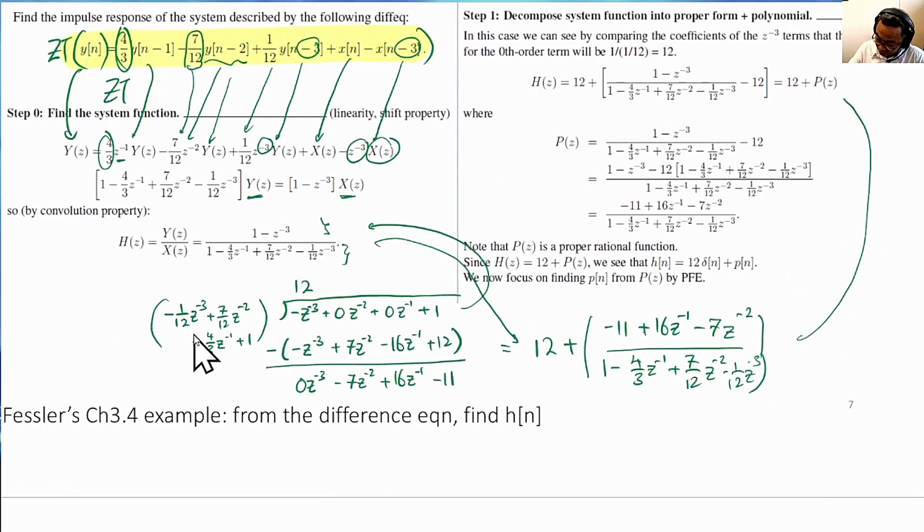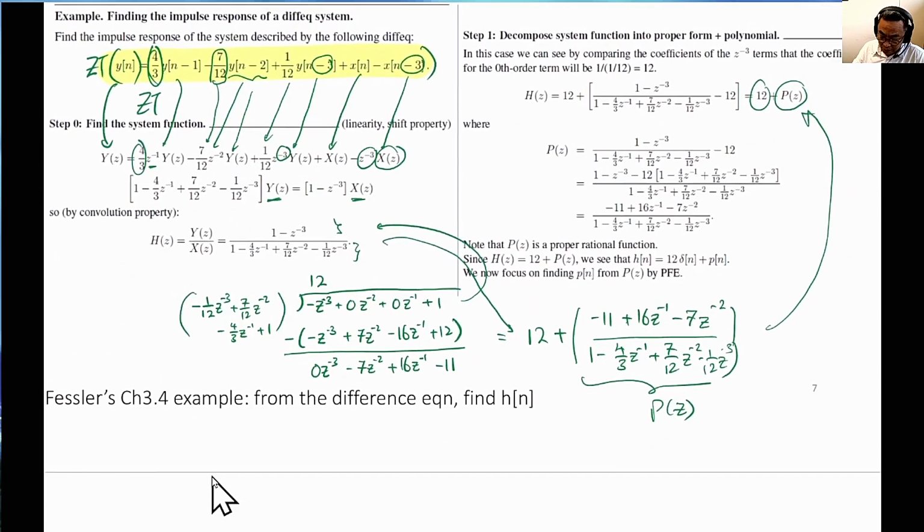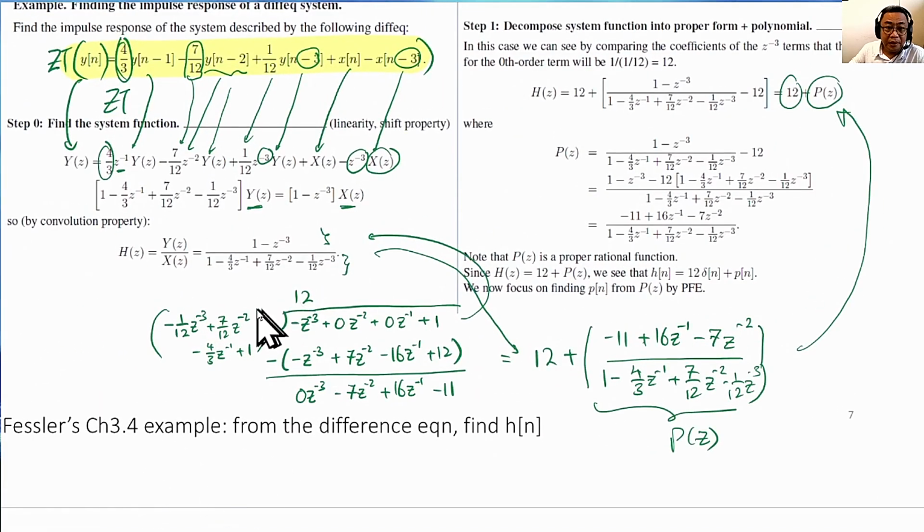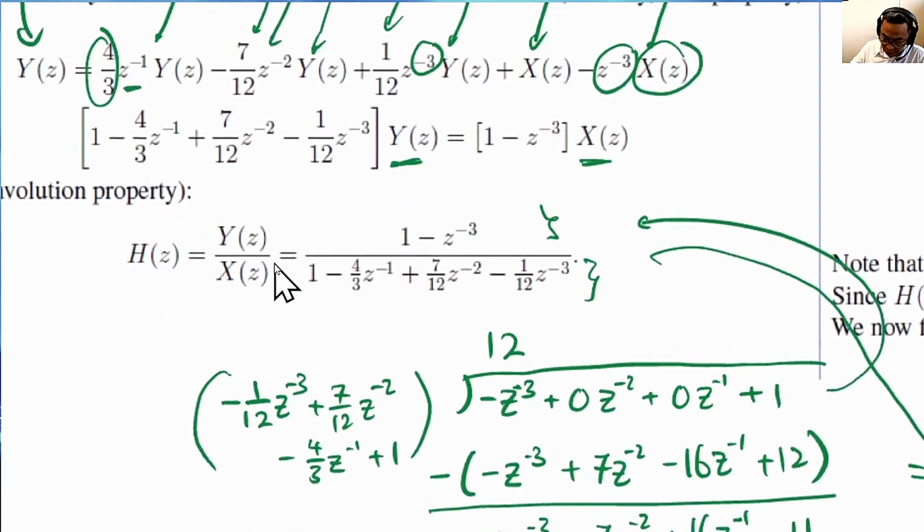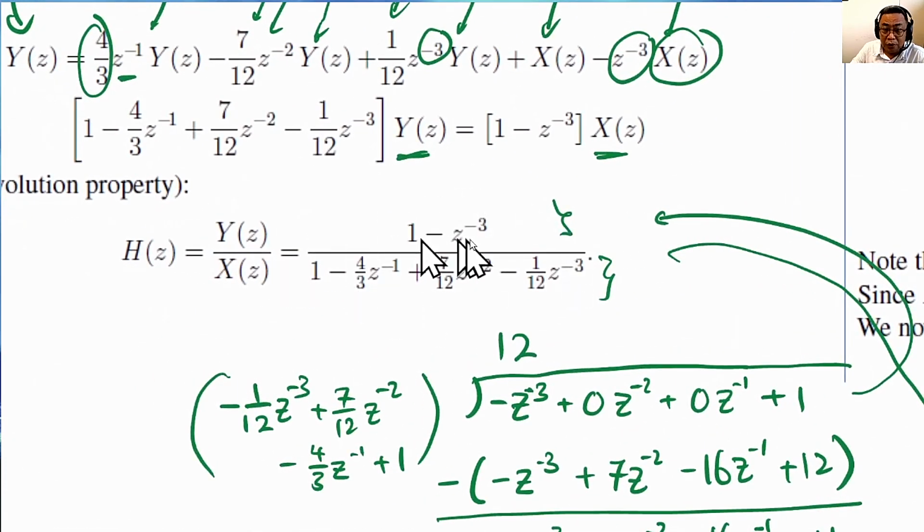So this is this equation over here, where this term is P of z. Again, the trick is first to recognize that we have an improper rational function.